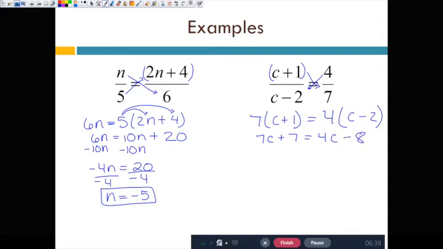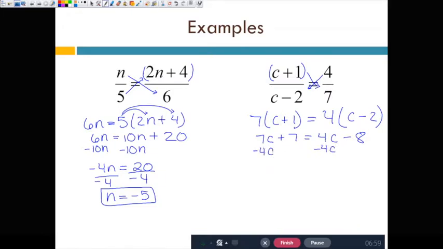Right? Because I do have a variable on both sides and I have a constant on both sides, this is when we would want to move the smaller of the two. So am I going to be subtracting 7c or 4c? 4c, which is going to make it easier for me. 4c from both sides.